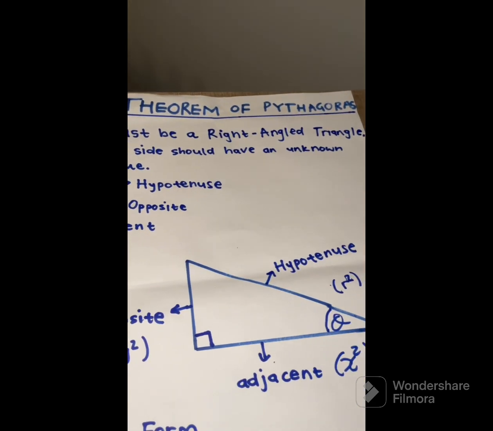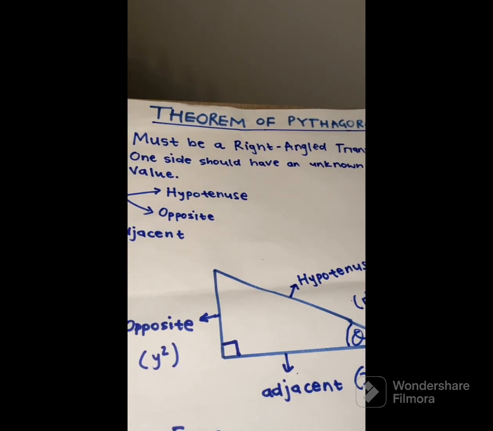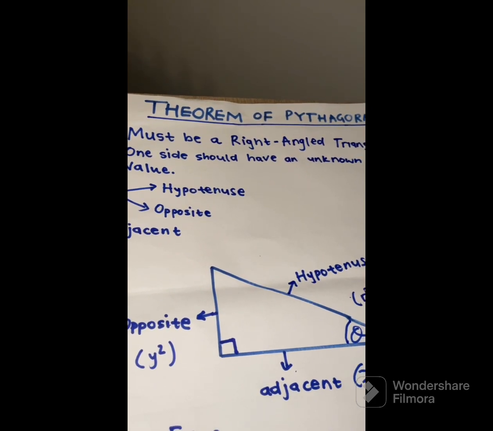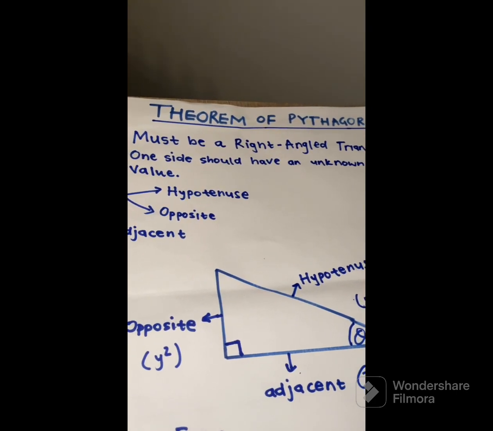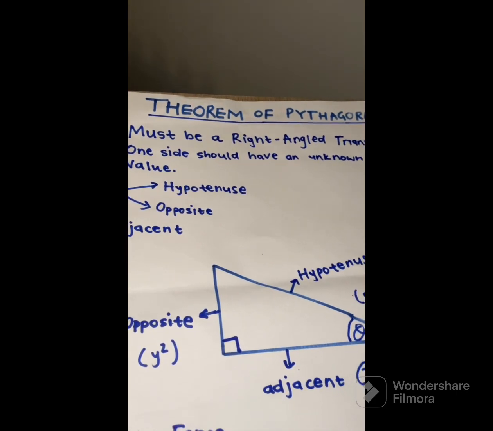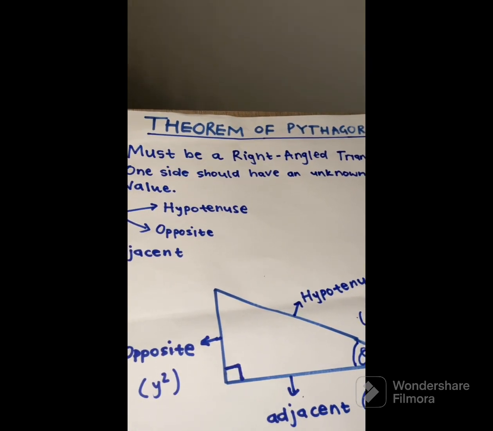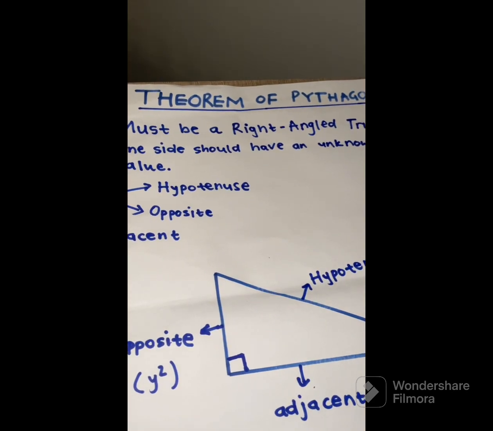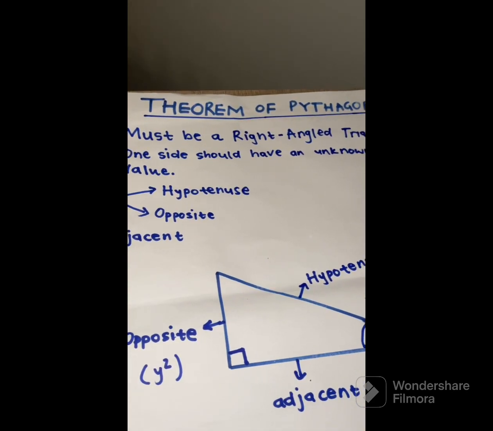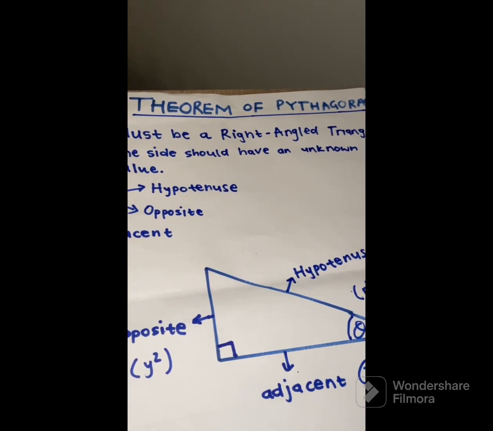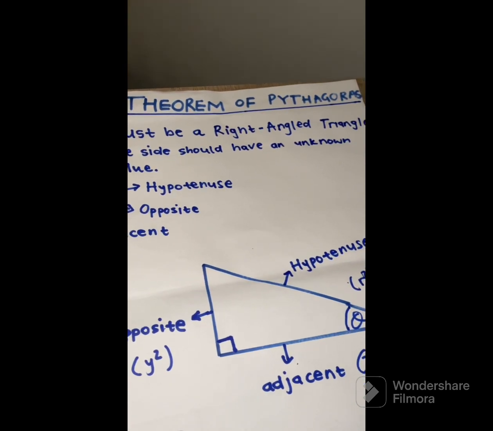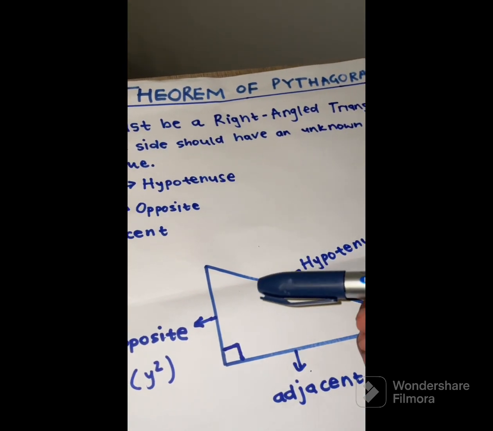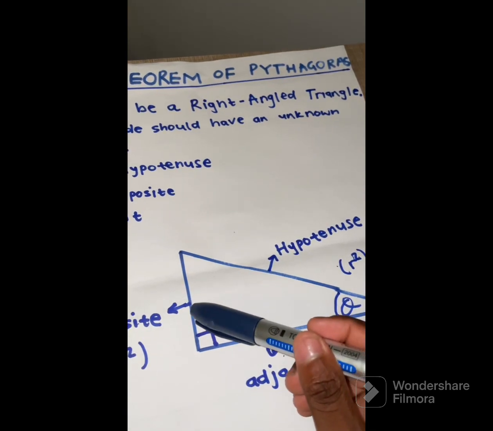So we have what we call the theorem of Pythagoras in grade 8, and now let's just know the rules and what we need to know so that we can get going. You need to know that the triangle should be a right angled triangle, meaning a triangle similar to this.